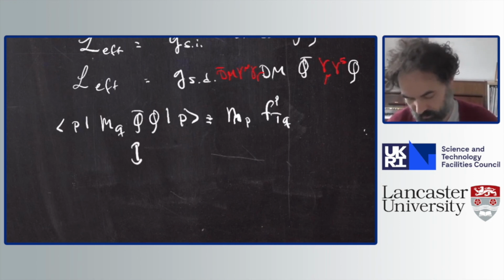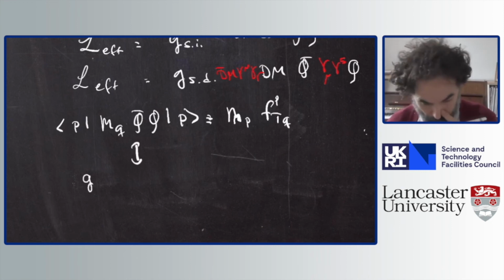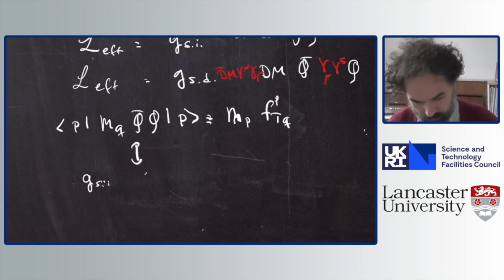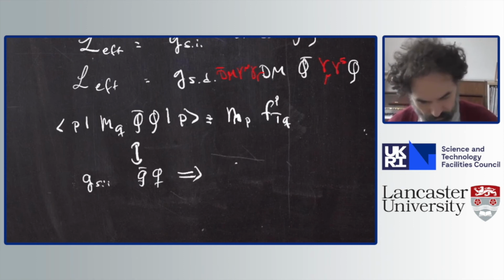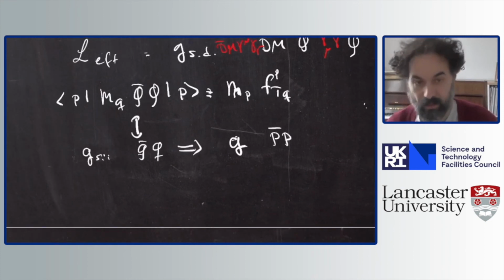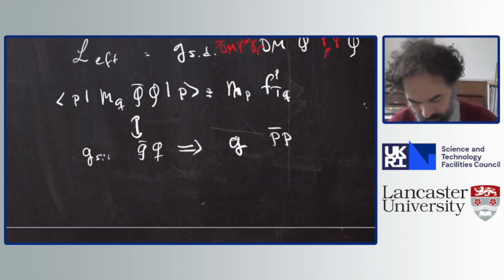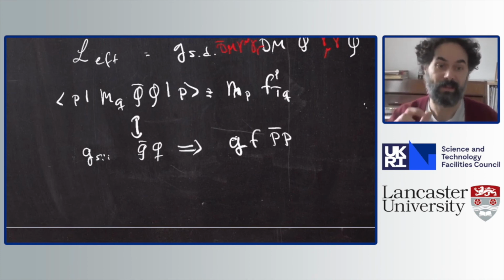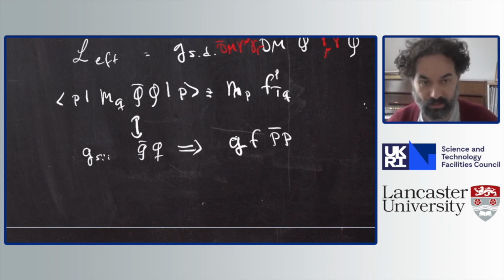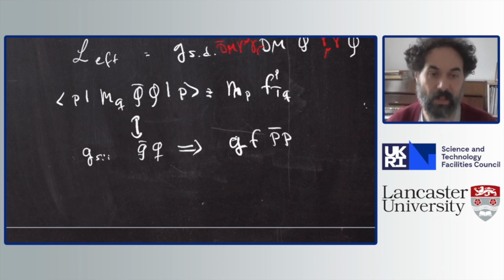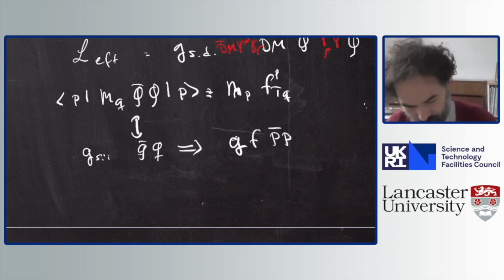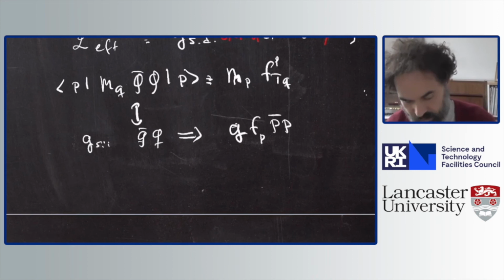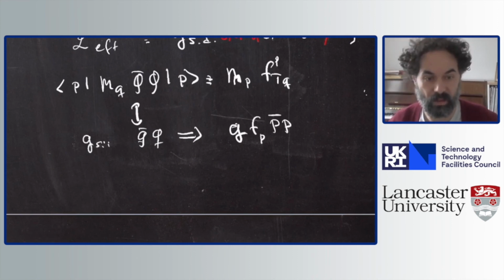So you can basically translate the coupling G S I quark into a coupling G proton, for instance, and here there will be what is called a factor that tells us what is the typical mass of a certain quark in the proton. Okay, and this is given by an expression that I'm going to pause to write, not to lose time.